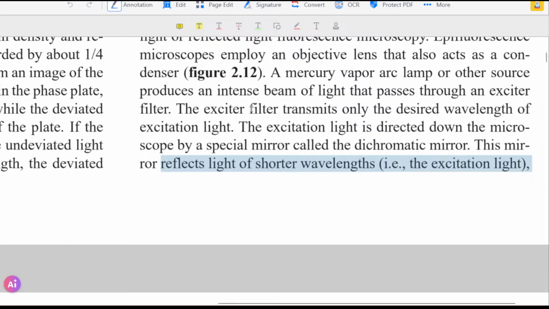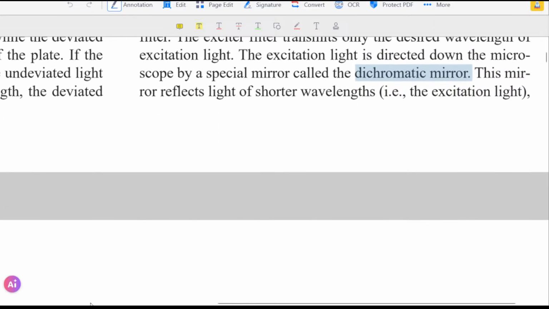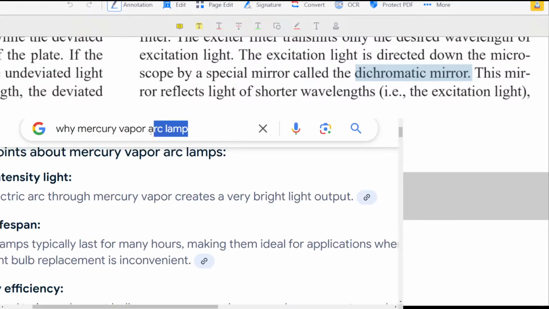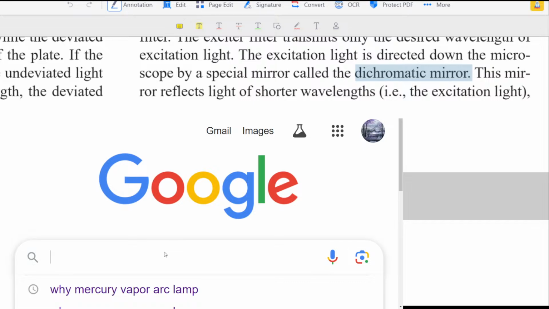No, it is a specific type of mirror, and it reflects only smaller wavelengths. So the white light in our environment is not reflected by it.